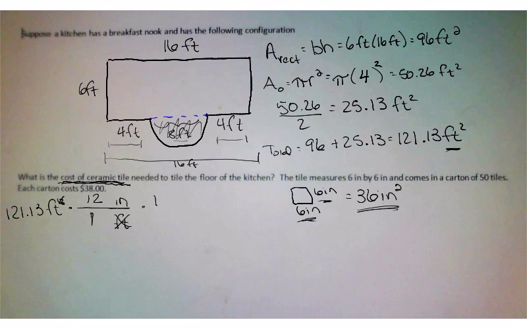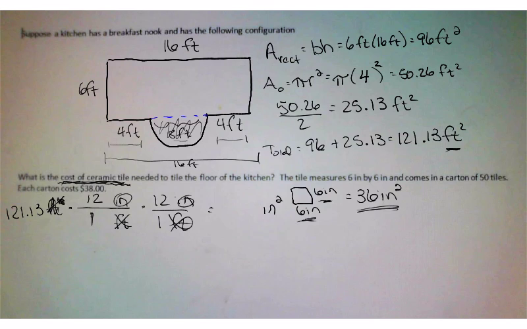In order to convert to square inches, I need to do it again. Now that foot cancels with the other foot, and the inch times the inch will give me the square inches I was looking for. So I have to take the 121.13 times 12 and then times 12 again. In other words, I'm multiplying by 144.